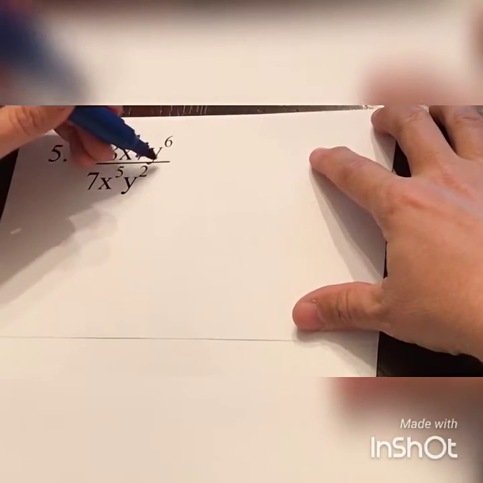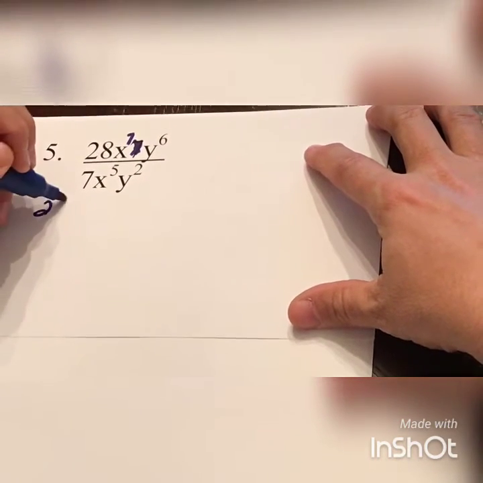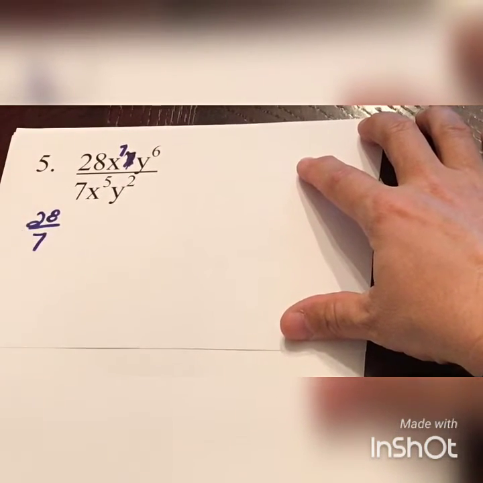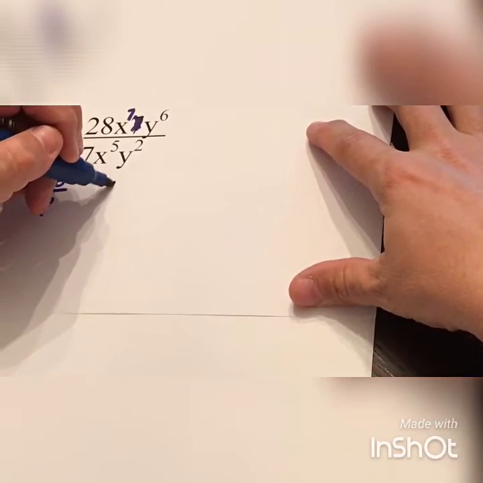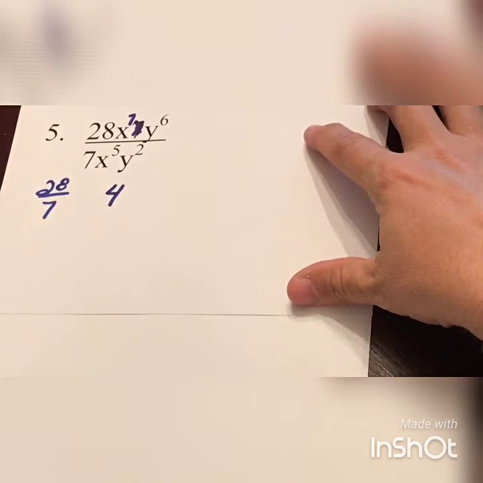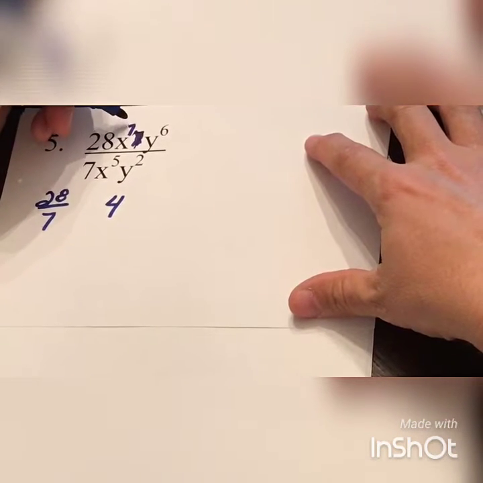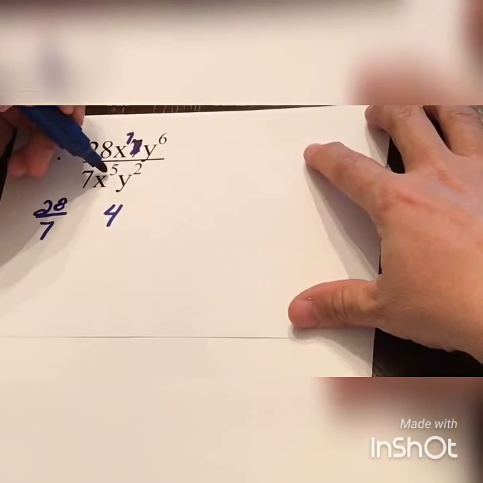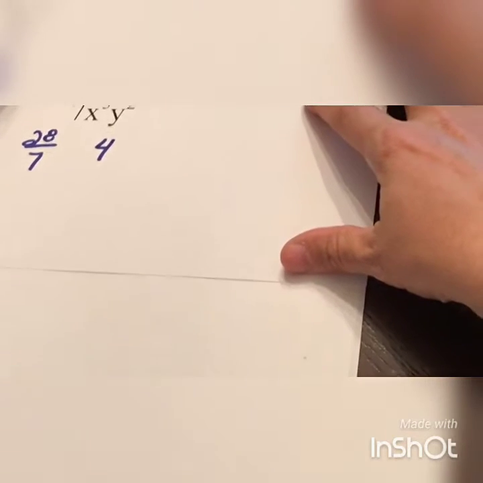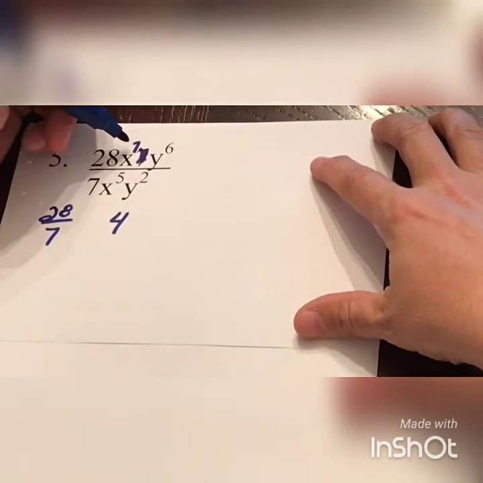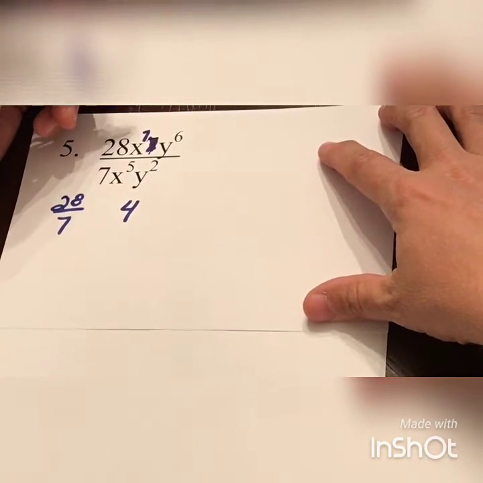Again, continue to emphasize this is a division problem. So 28 divided by 7 does divide out perfectly to equal 4. Now the nice part. Don't write out all 7 x's and don't write out all 5 x's. If you look back at the steps of the shortcut, step number 2 says if the exponent on top is larger, then that variable stays on top.